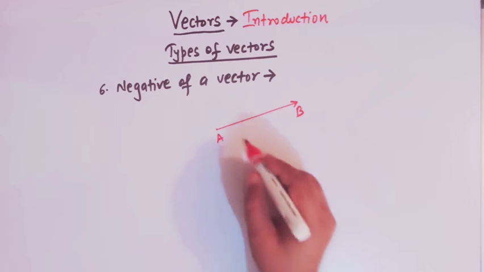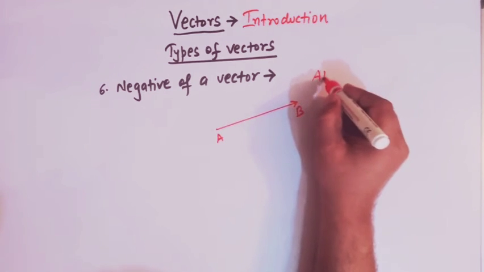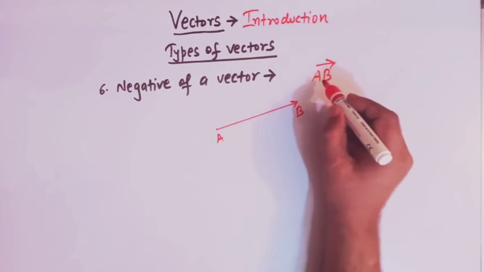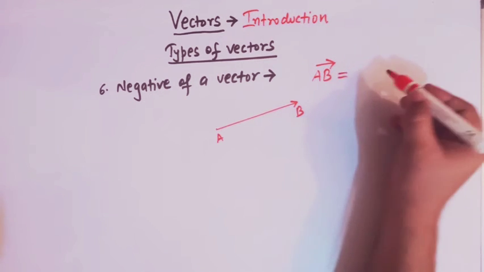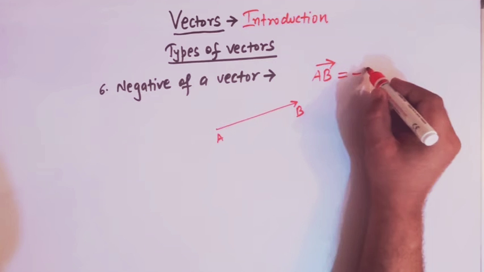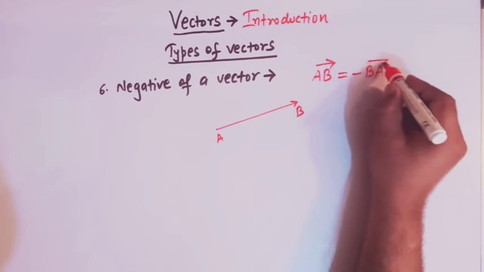So vector AB is equal to minus of vector BA, right?